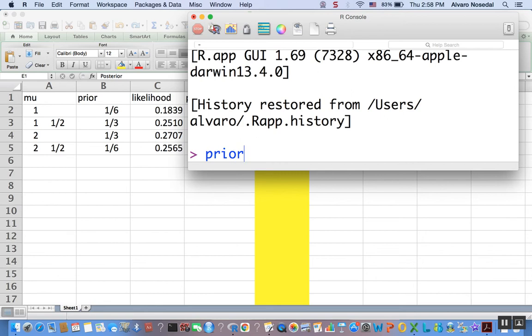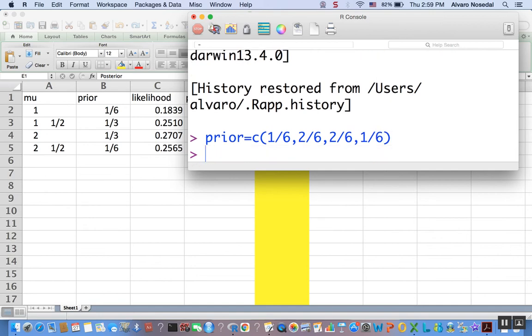That's the first ingredient. So using the c function, I'm going to create that vector with 4 entries that contains our prior probabilities, 1/6. Let me write that down as 2/6, 2/6, and 1/6. Okay, so that's our prior.